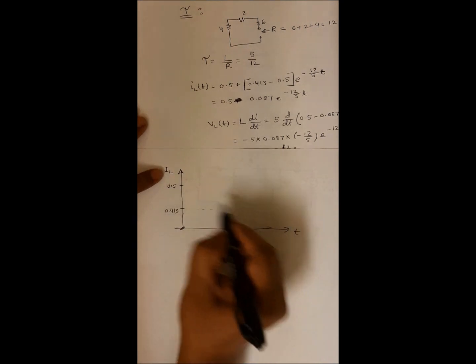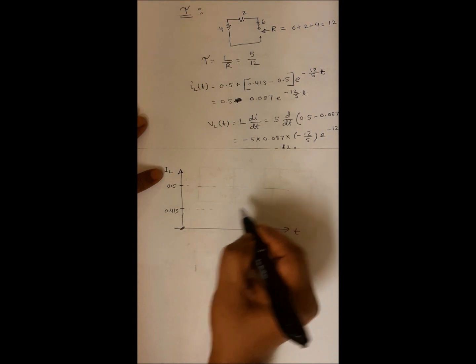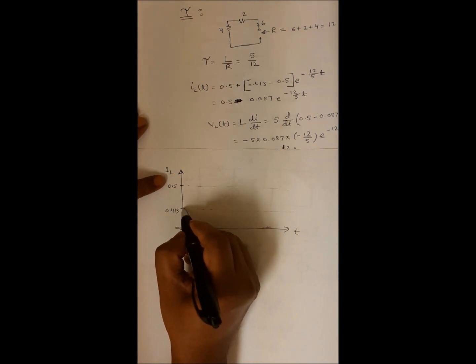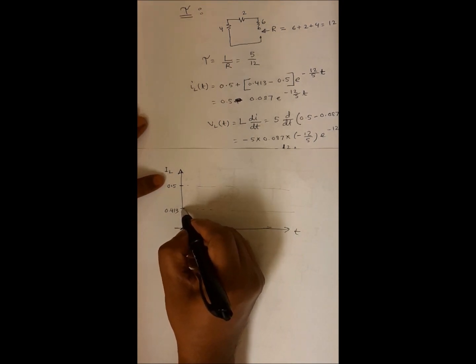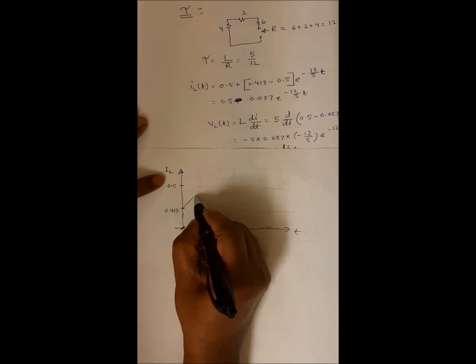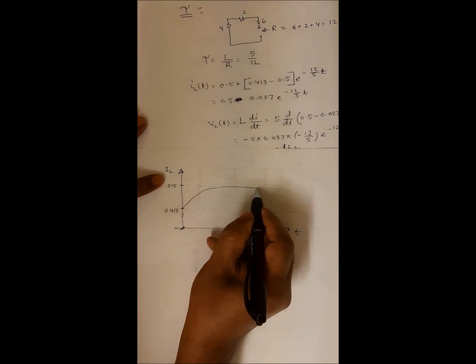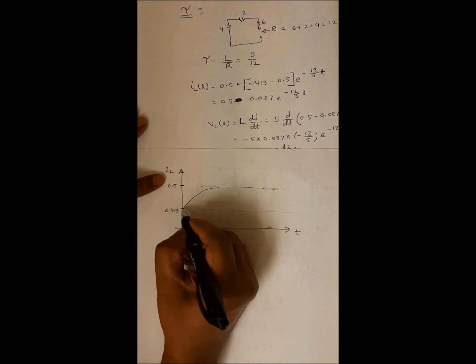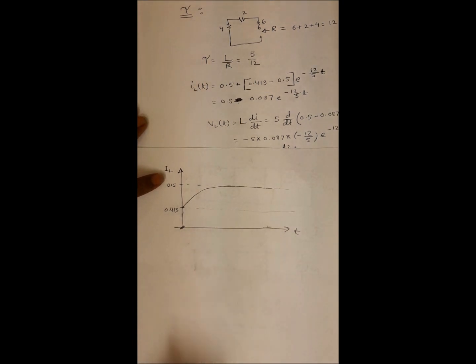So this is the 0.413 line, and the 0.5 line. It is not to scale, but there is an exponential change from one to the other. So this is the current versus time graph.